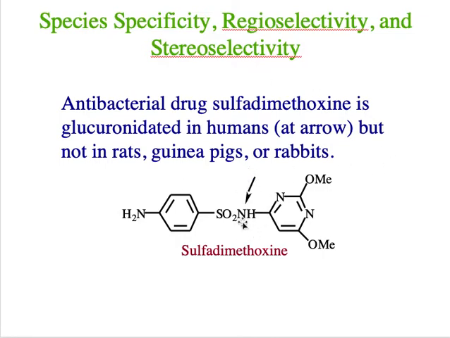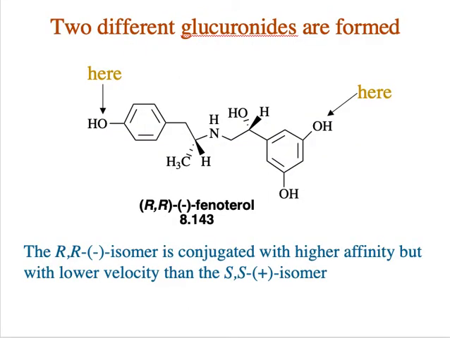So here's another example. This is really interesting, right? Rats, guinea pigs, and rabbits were all very similar, but we're the only ones that are going to glucuronidate this drug at this sulfonamide group here. So you can also form different glucuronides. Sugars are really complicated, and their enzymes are really complicated too.